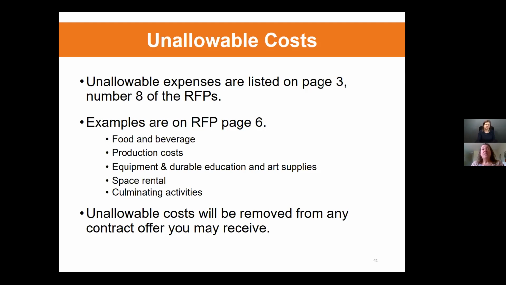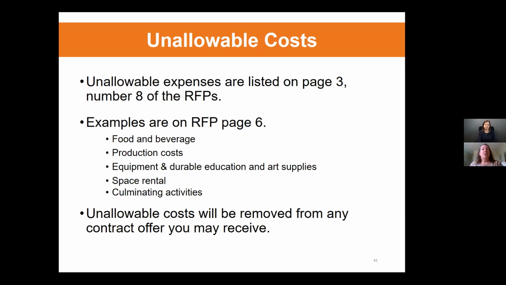On page 6 of the RFPs is an extensive but not exhaustive list of examples of unallowable costs. Avoid including these types of expenses in your contract fee justification. If they appear in your budget, they will be removed from any contract offer you may receive.